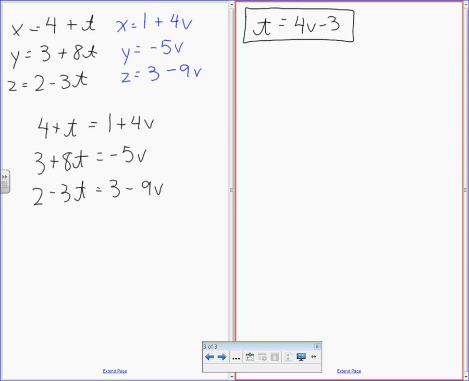Michael, go ahead. So then you get 3 plus 8 times 4v minus 3 equals negative 5v. Great. So all we did was isolate there. Can someone from the back show off their multiplication skills and solve for v?